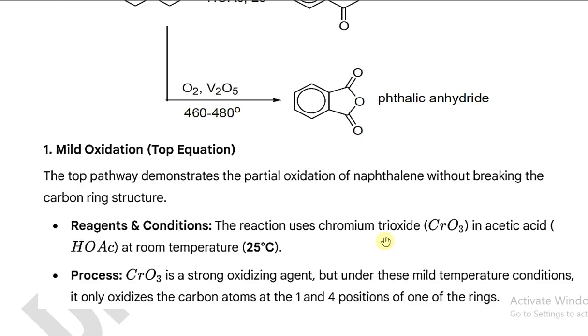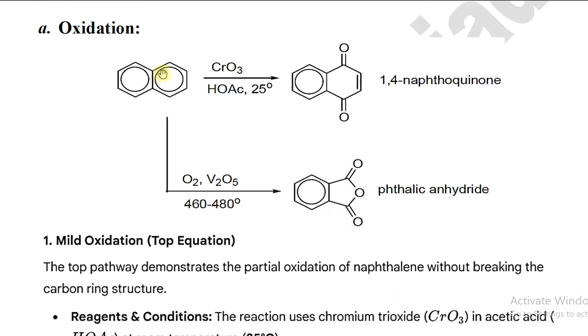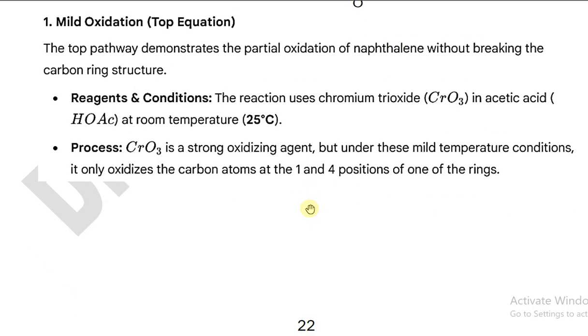If we go again to this reaction, this bond will break down, and both of these carbons will be lost as carbon dioxide, CO2, from the structure, to give you finally phthalic anhydride.